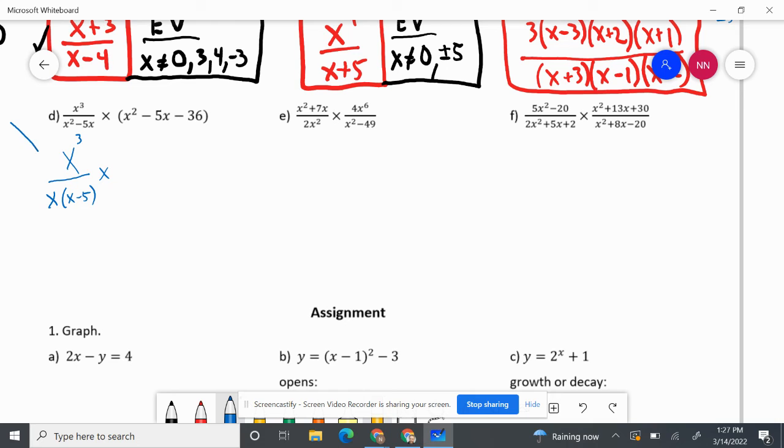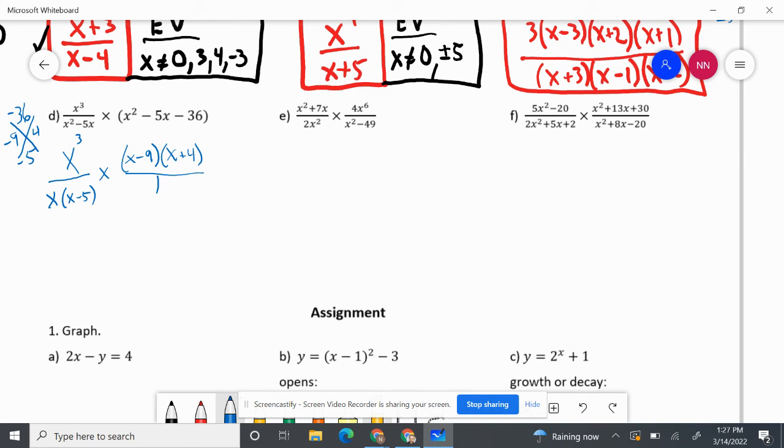Our second, what we're going to do is factor it since it's a trinomial. Two numbers that multiply together give us -36, add up to -5, and that would be -9 and 4. So we have x minus 9 and x plus 4. Now remember, if we don't have a fraction, we put it underneath 1.